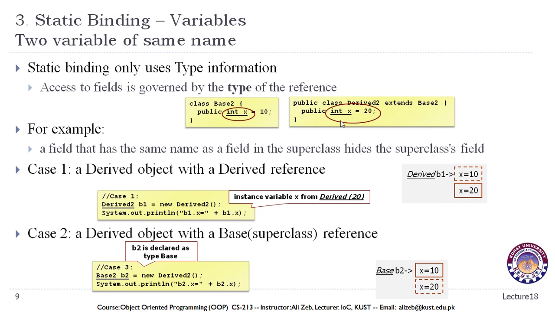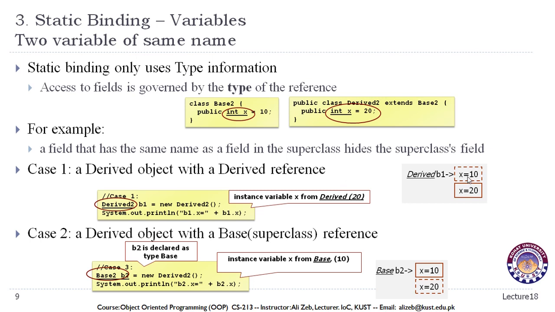The reason for that is that the superclass cannot have access to the variables or methods in the subclass. That is why the instance variable x from the base class will be printed. The one that has been initialized with the derived class will hide the superclass's variable.